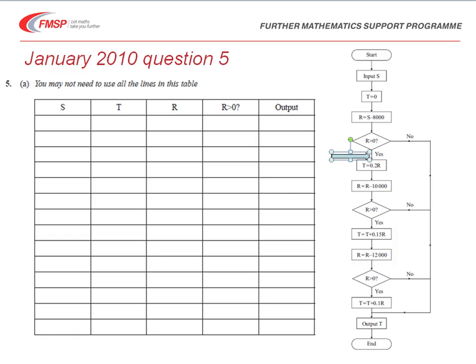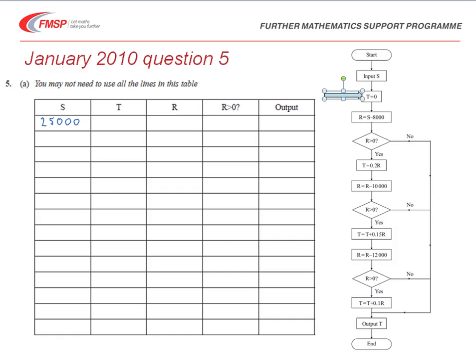So what I'll try now to do is go through at each stage, showing where we are in the flowchart. We're starting off by inputting value s, and that value of s we were asked to use was 25,000. So putting in the value 25,000 on our sheet. We're then moving down to look at t.